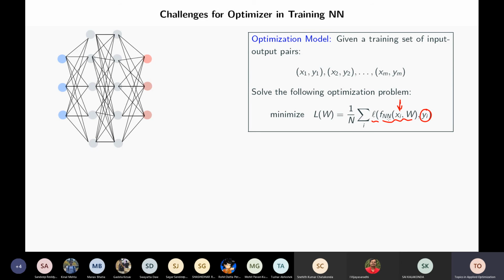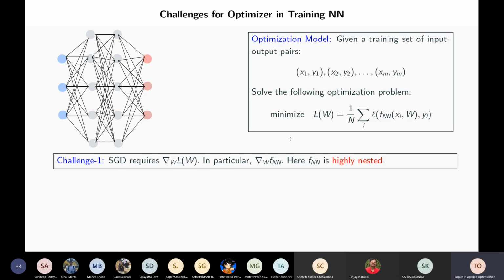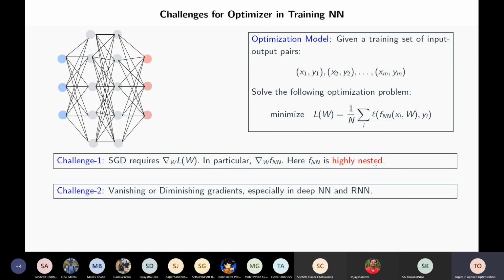So this is the loss I'm supposed to minimize, right? And the W will be helpful in doing that. I will keep changing the W in such a way that the loss remains minimized. So this is minimization over W. This is the optimization problem we have in hand. SGD requires gradient computations, and this is highly nested. So this is the first challenge for the optimizer: how to compute the gradients.